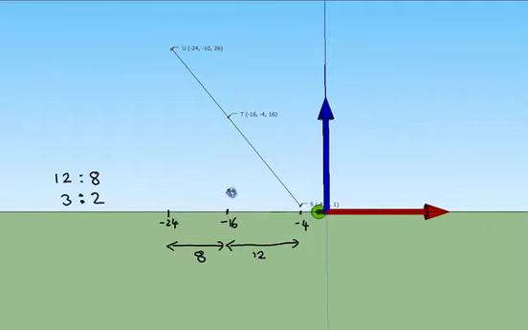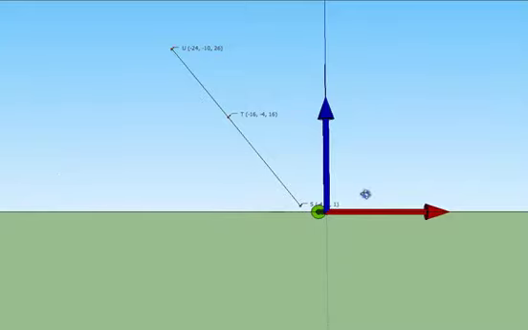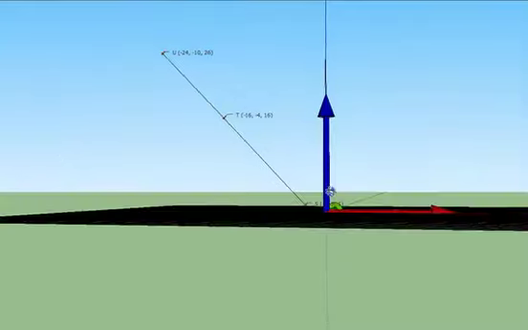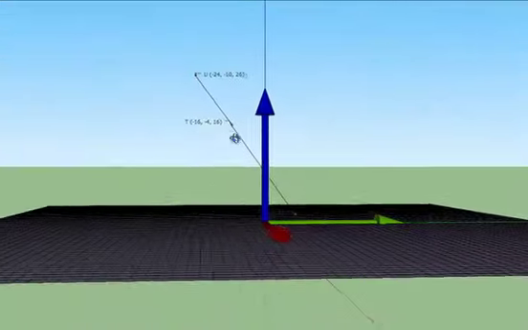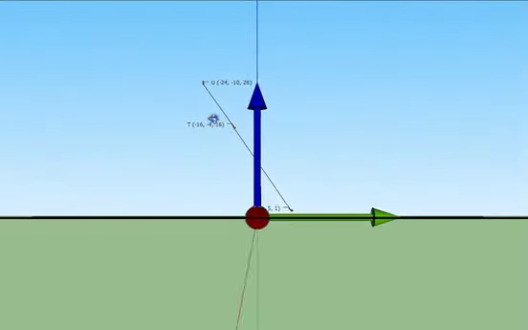Let's do a slightly different one. Let's clear that. And let's look at the y coordinates. Now that's the y-axis, the green axis. So let me just get our perspective sideways along the y-axis. So the y coordinate of S is 5. The y coordinate of T is -4. The y coordinate of U is -10.